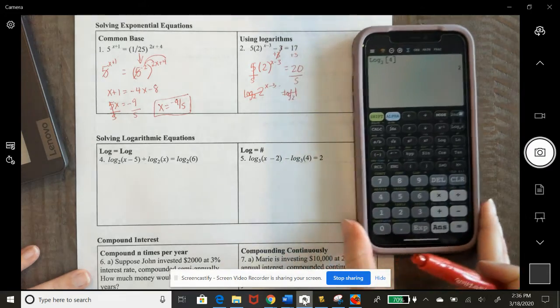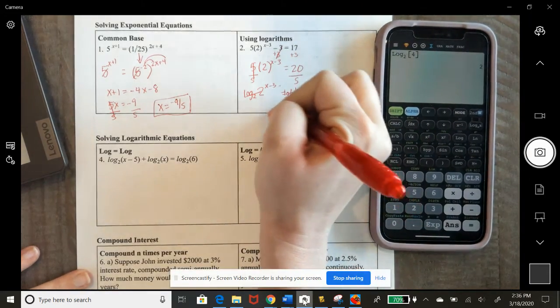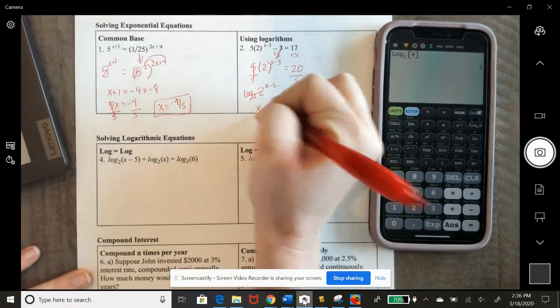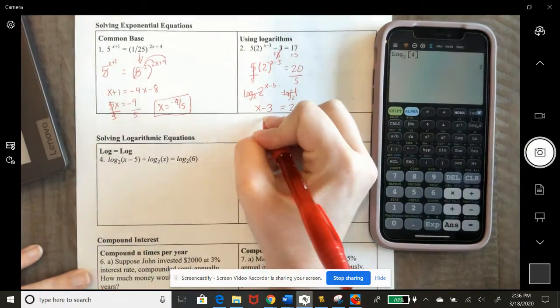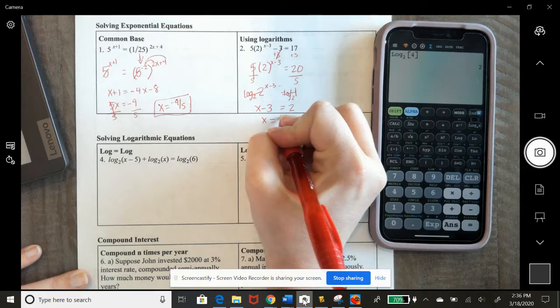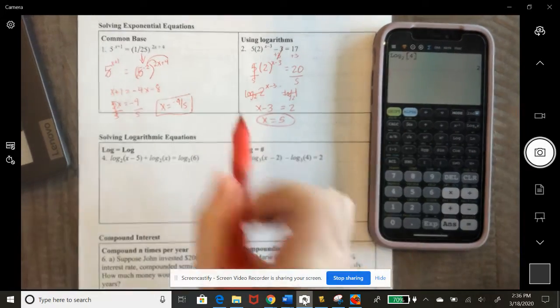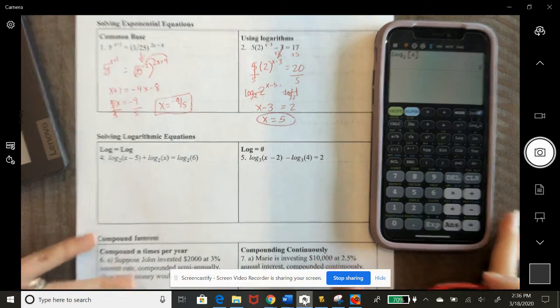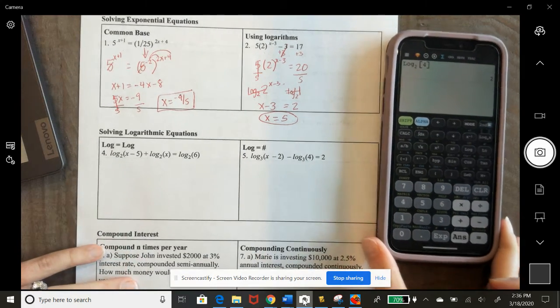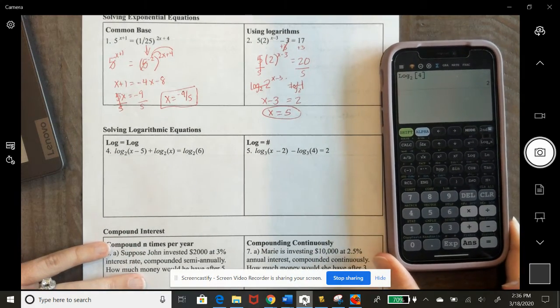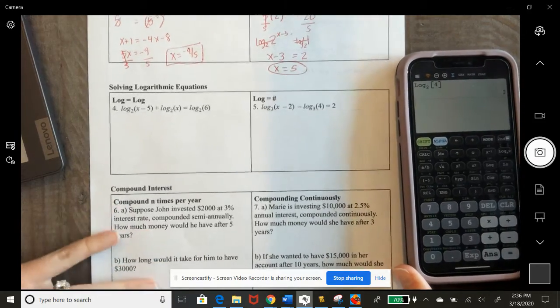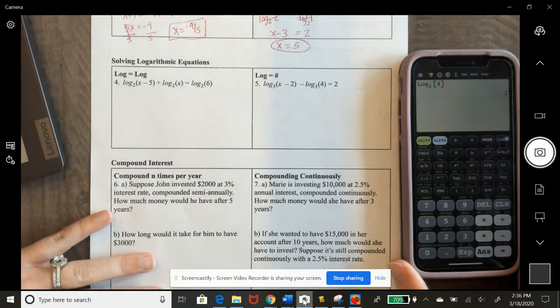That gives you 2 because 2 squared gives you 4. Then we're left with x minus 3 on the left, and then solve for x. Add 3 and we get x equals 5. Those are our two types of exponential equations. You can look through those and see when you need to use a log or when you can get a common base.